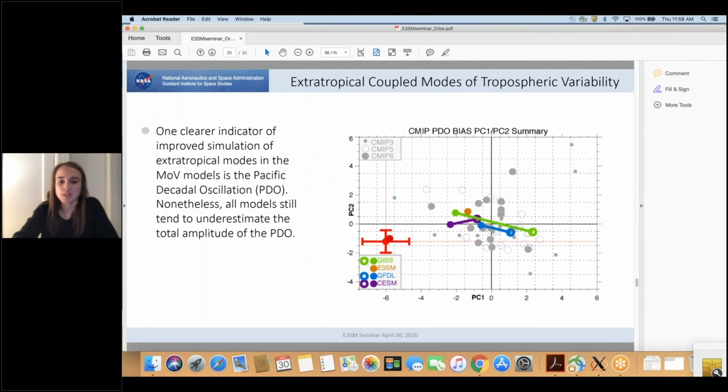And what we can see is that for the colors, which are highlighting the CMIP5 to CMIP6 progression moving from here to here for the case of the GISS model, and here for GFDL, and here for CSM, we can see generally that in this PC1, PC2 phase space the models are migrating in the right direction. That said, they're underestimating the amplitude quite significantly relative to the observations, but there is a general tendency towards an improvement in these model versions.